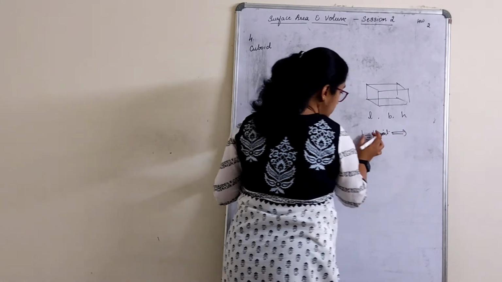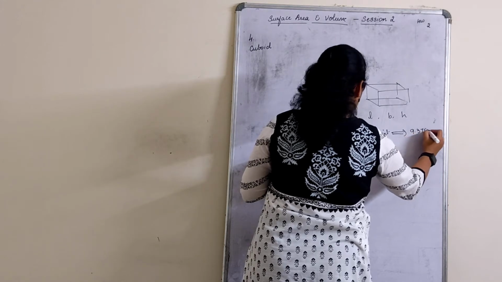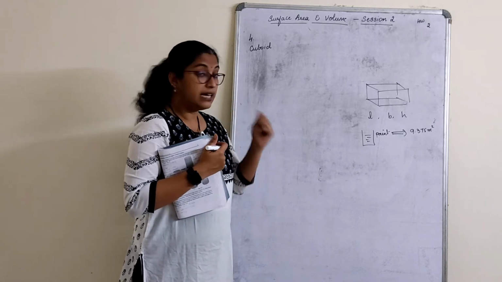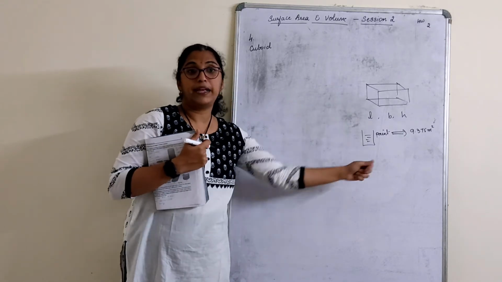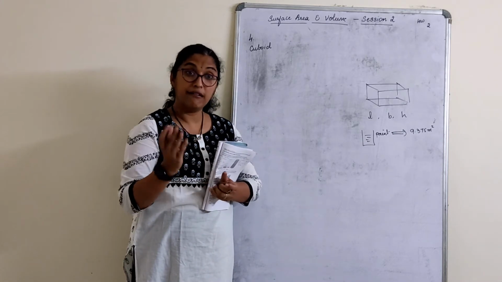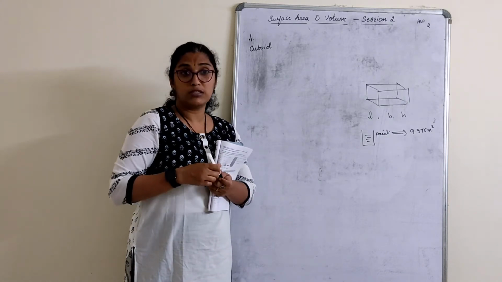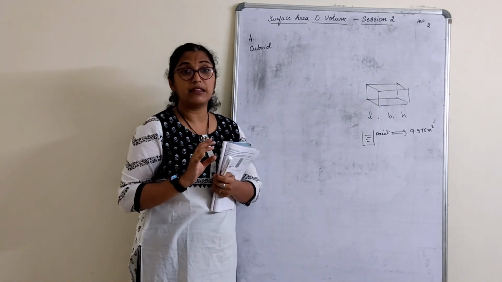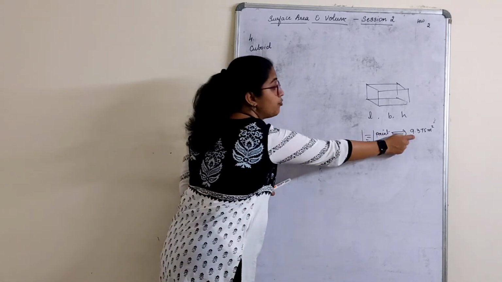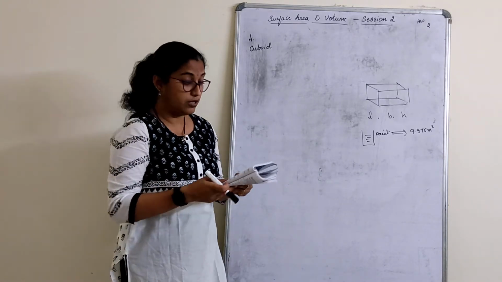If this paint in a container is sufficient to paint 9.375 meters square of area, exactly this according to them. Now, how many bricks can I paint using this? For example, 10 bricks, 5 bricks, 4 bricks, 100 bricks, 50 bricks, I don't know. It is not that if we use this much paint, this much area will remain on the brick. No. For example, if I say I have 10 bricks, this paint would be sufficient. But how many bricks are there? That is what we have to calculate now, right?